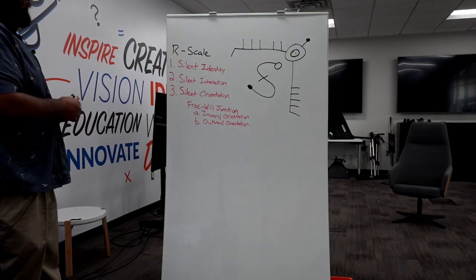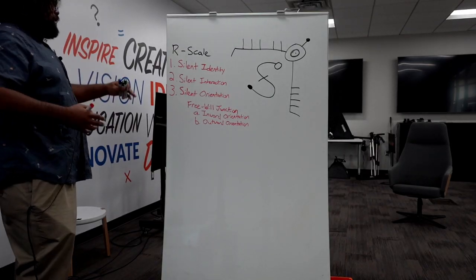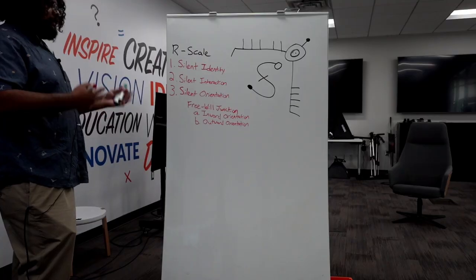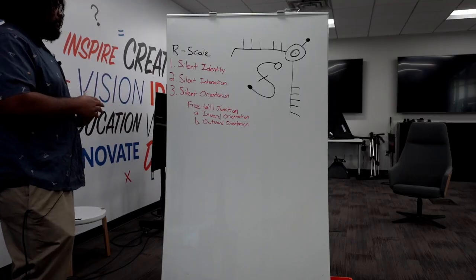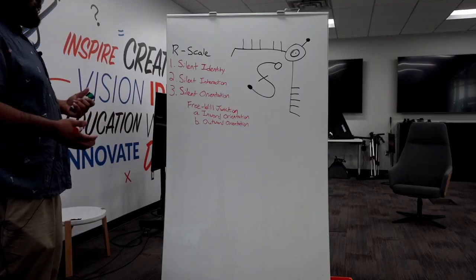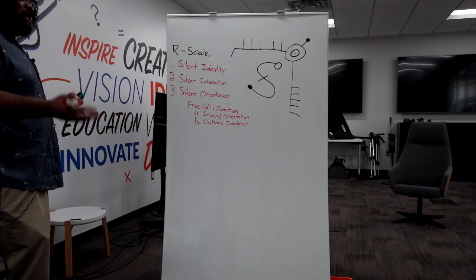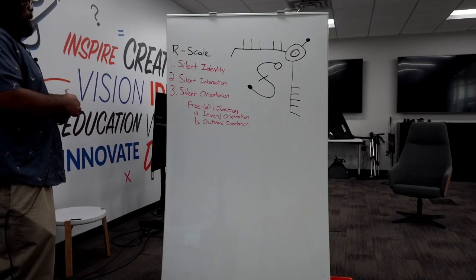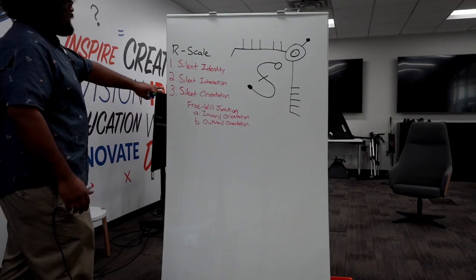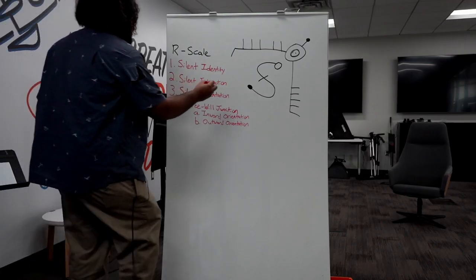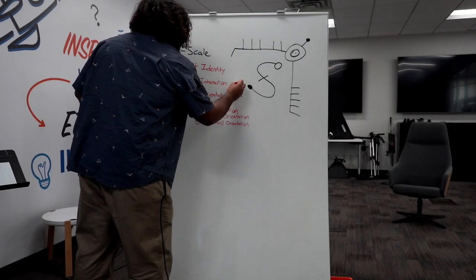So once you have all this additional energy, once you've gone through all this and you have an understanding of how to get there, you have the choice at that point as to what to do with that additional energy. Inward orientation means that you are going to take all this extra energy you have and focus on yourself.